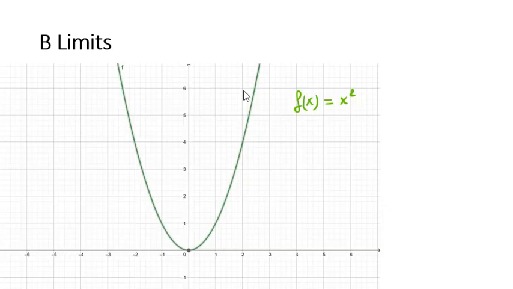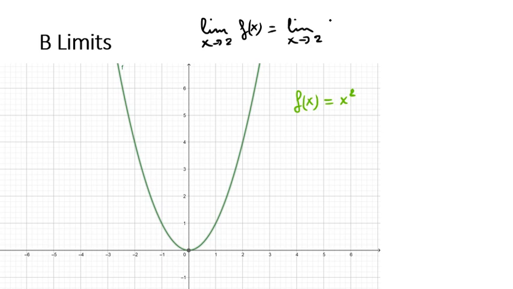We have here the function f of x equal to x squared, and let's say that we are interested in the limit as x approaches 2 of f of x. So we are interested in the limit as x approaches 2 of x squared. If you look at the graph, 2 is here.